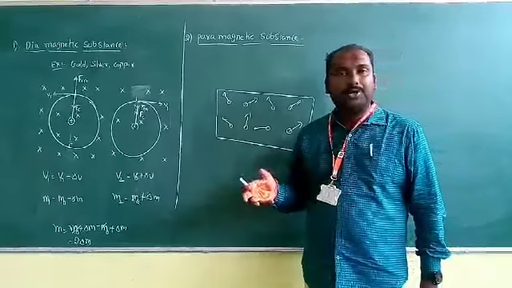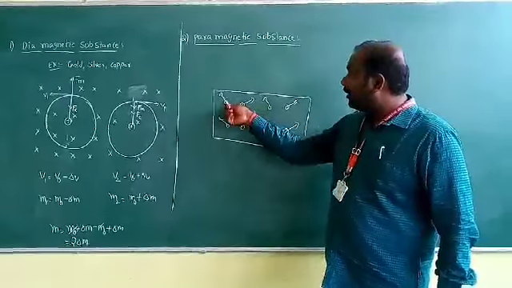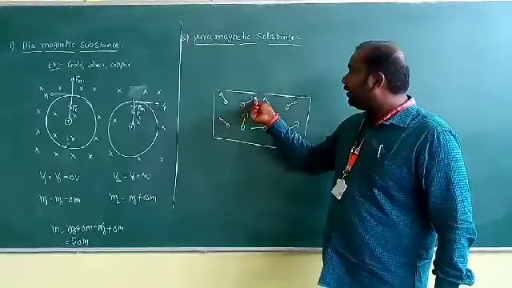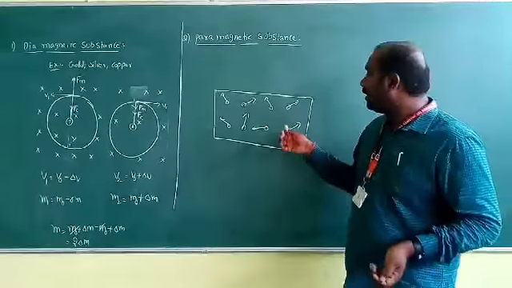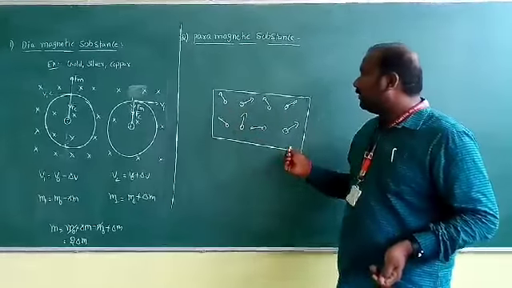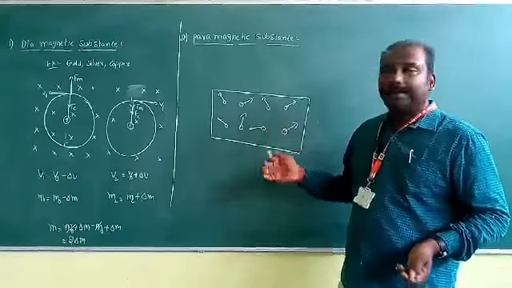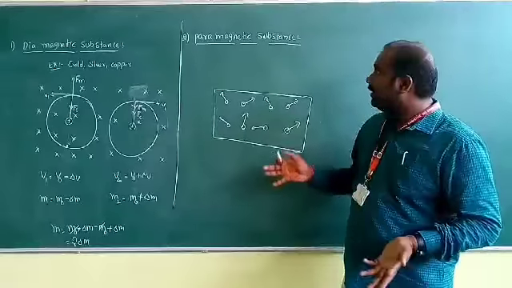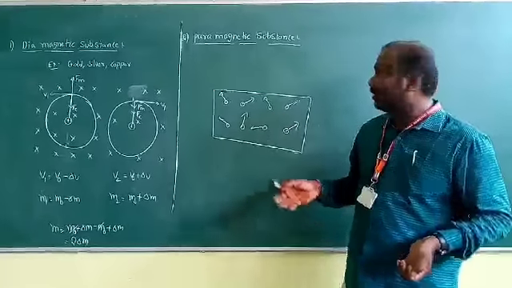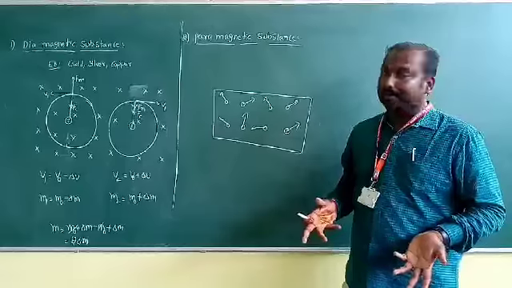Each one has a dipole moment, but each one is pointing in a different direction. So at ordinary temperature, if you add all the directions, the net dipole moment will be 0.